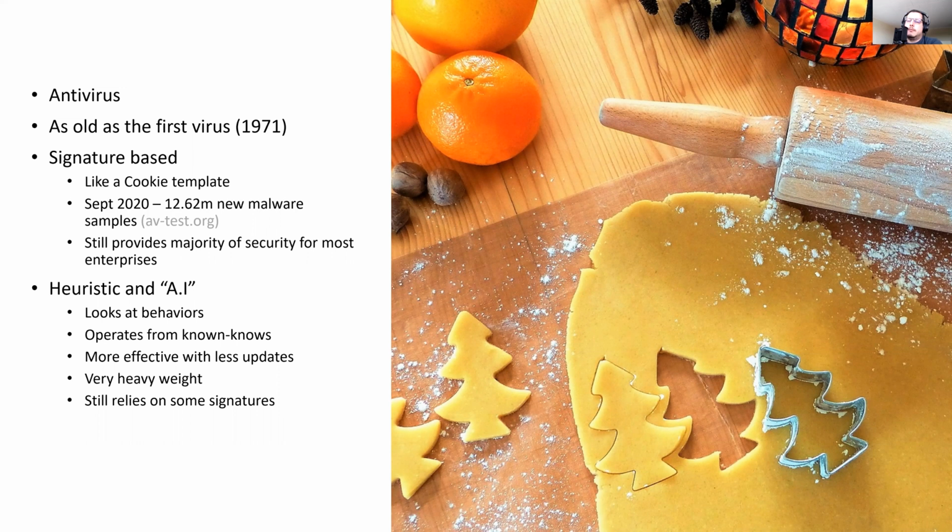The other problem with heuristics is it's pretty heavyweight. It requires a little bit more scrutiny. It requires watching a process potentially execute, scanning deeper into the binary, which requires more compute power, more memory, et cetera. So, you can see how it would be not necessarily worse than a signature-based engine, because a signature-based engine is going to be scanning every single file on the file system basically as many times as you want it to.